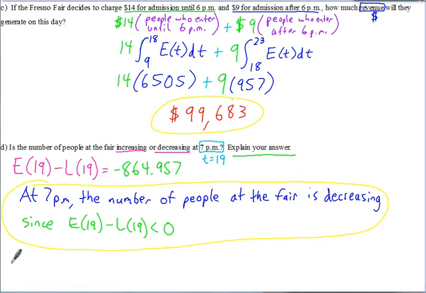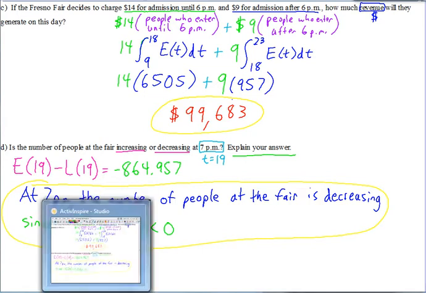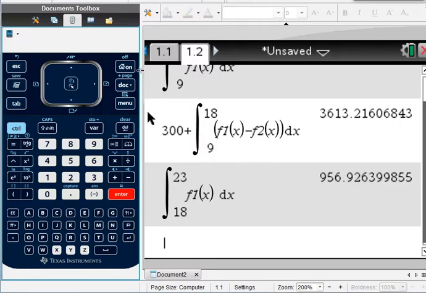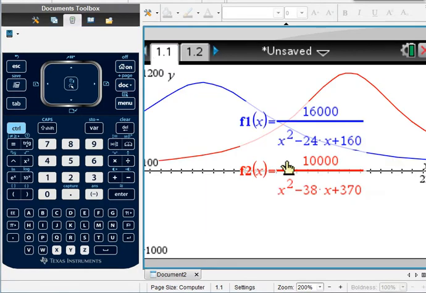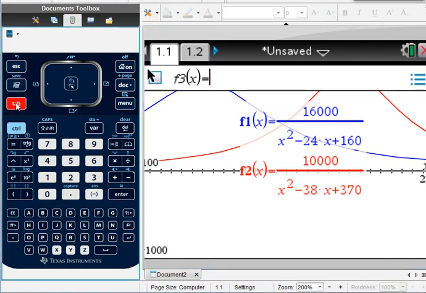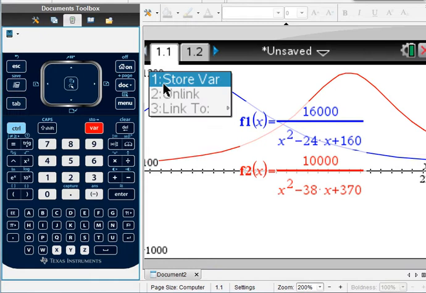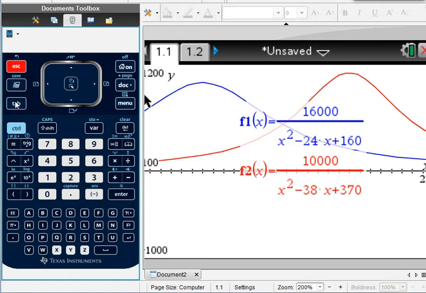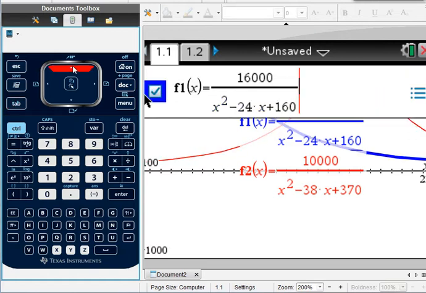So let's see how we can do the same thing on the Inspire. So I'm going to go back to the graph and then tab. Let's enter for F3. Oops. So let's go up to the other two.